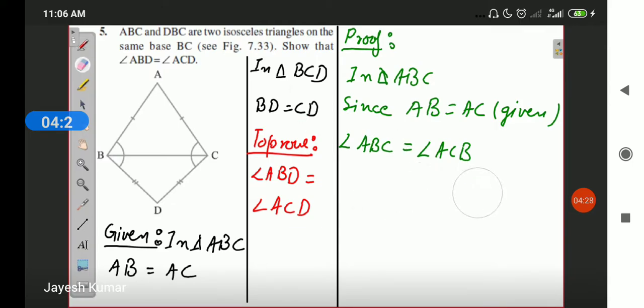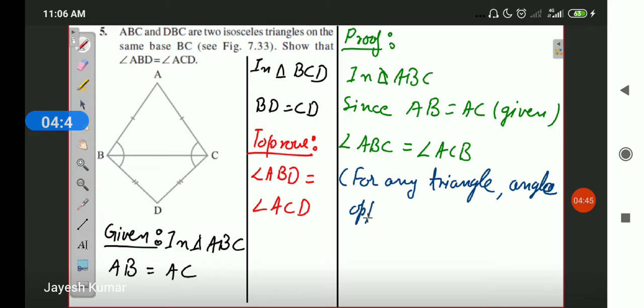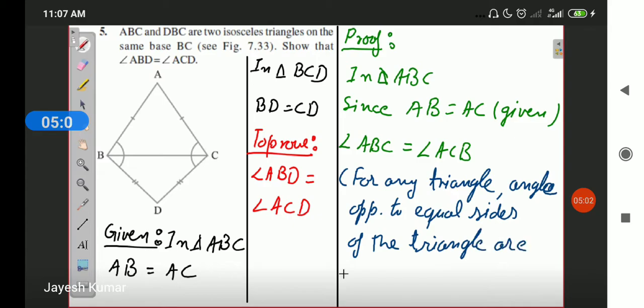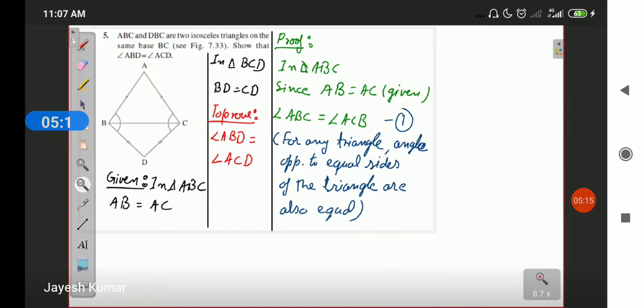Let me write down the theorem for you. Okay, so we will get our first equation using this theorem 7.2.